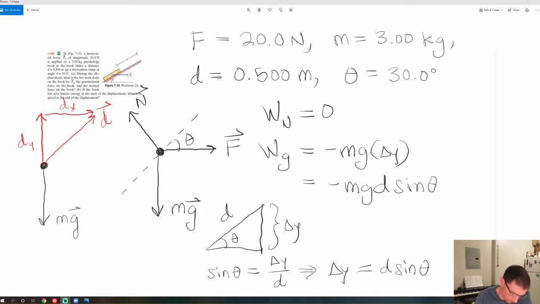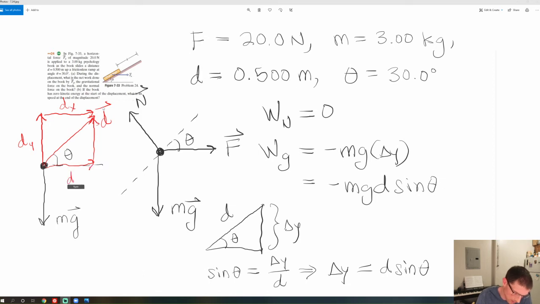Okay, so if we keep going with this little diagram over here, this angle is also theta. What this means is that it actually makes more sense for me to draw the components of the vector d like this, and this might make it a little clearer.